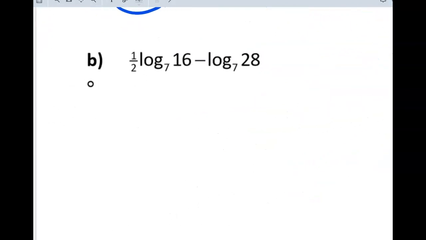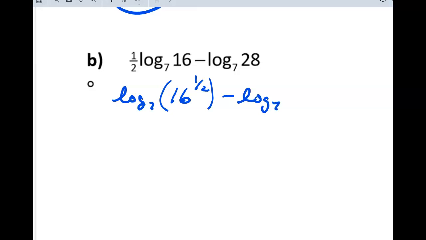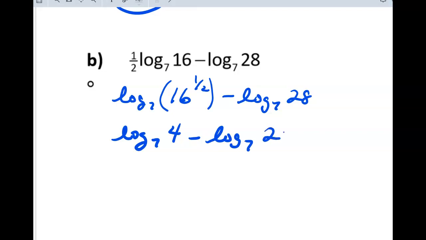Let's try 1/2 times log base 7 of 16 minus log base 7 of 28. We have to take care of that multiplication first and rewrite this as 16 to the 1/2. 16 to the 1/2 power is the square root of 16. So this is log base 7 of 4 minus log base 7 of 28.